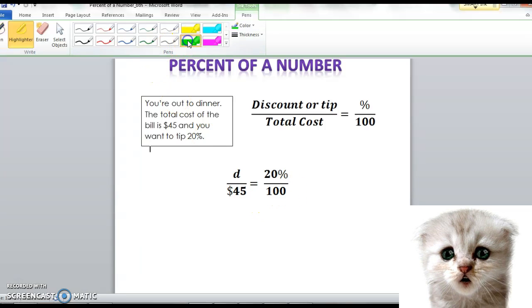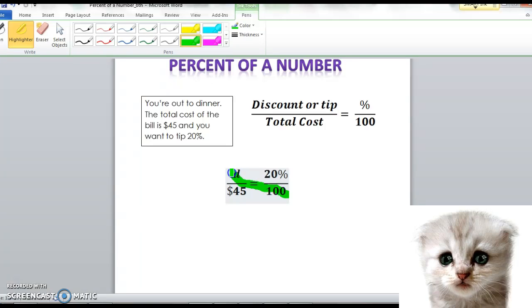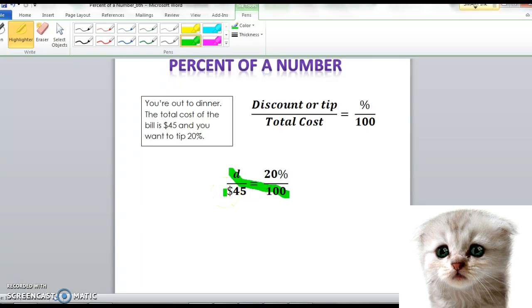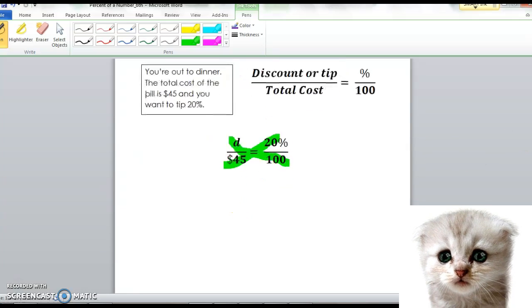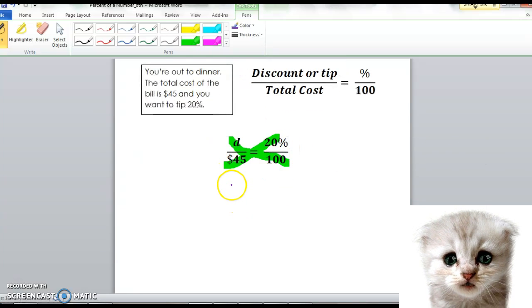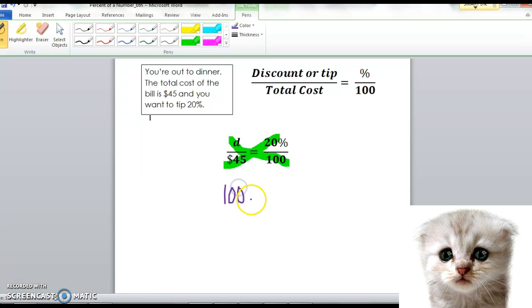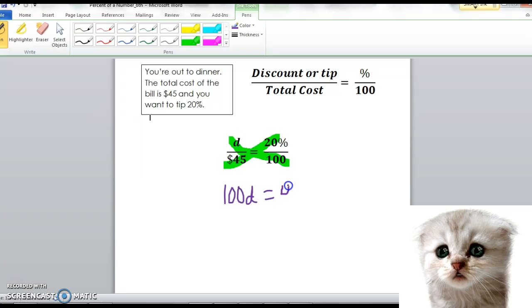So again, I'm going to multiply 100 times D and 45 times 20. 100 times D is 100D, which is equal to 45 times 20.